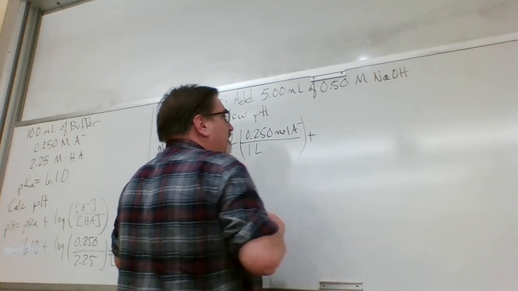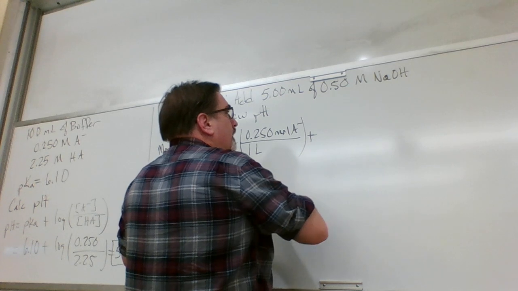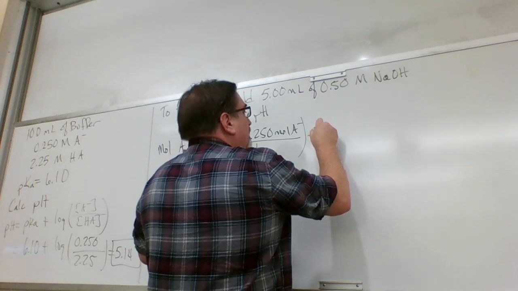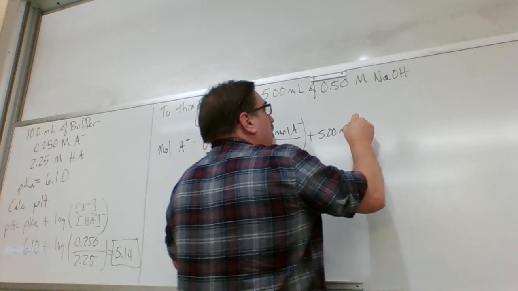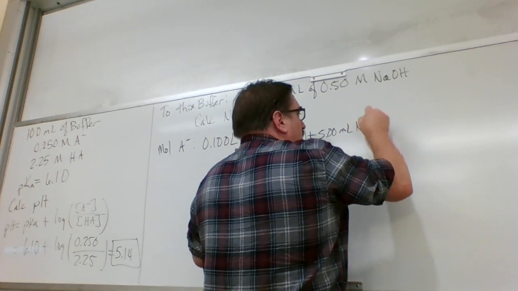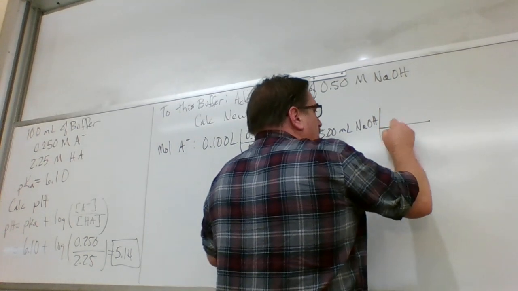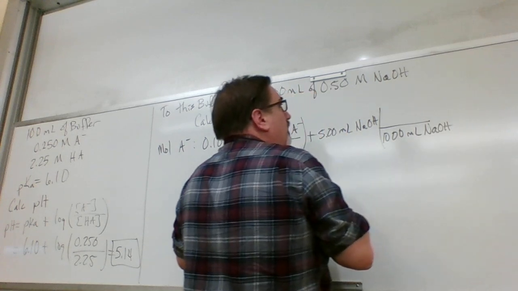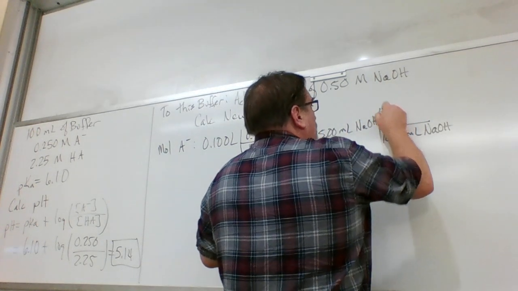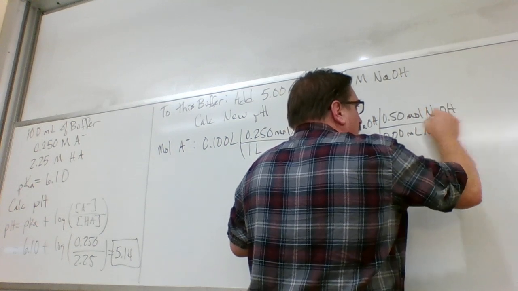So we're going to add a certain number of moles of A minus because we've added a base. We're going to add 5.00 milliliters of NaOH, and in every 1,000 milliliters of NaOH, we have 0.50 moles of NaOH.